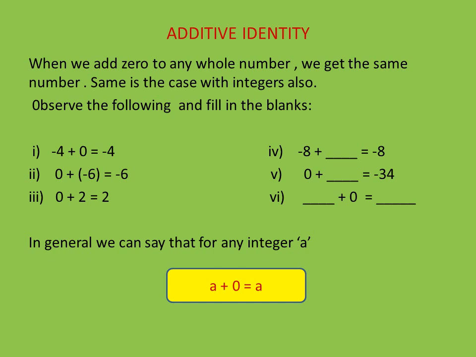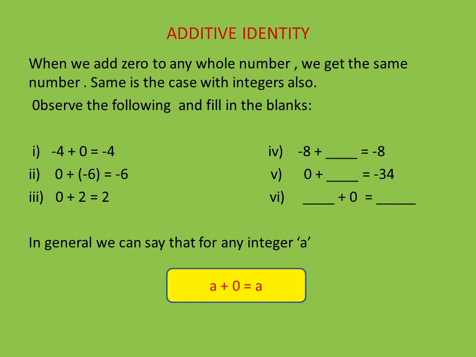Now here I have given you 3 questions. What will be the number added to -8 so that we will get -8? Exactly, it will be 0. Now in the fifth, what number will be added to 0 so that we will get -34? -34, right?